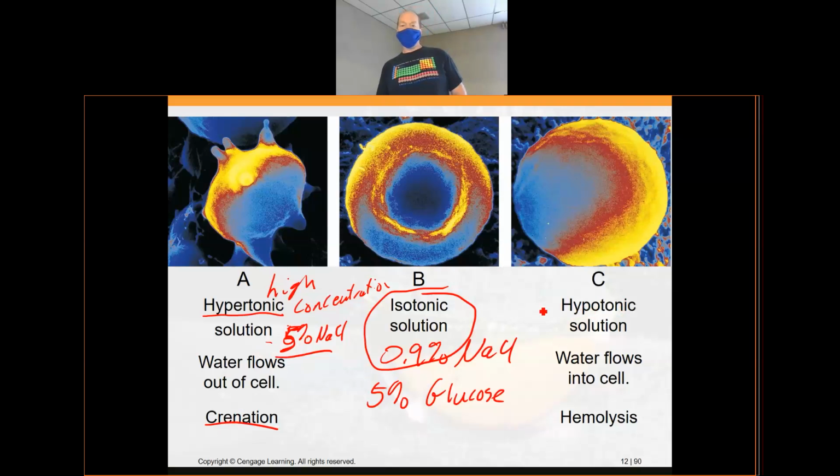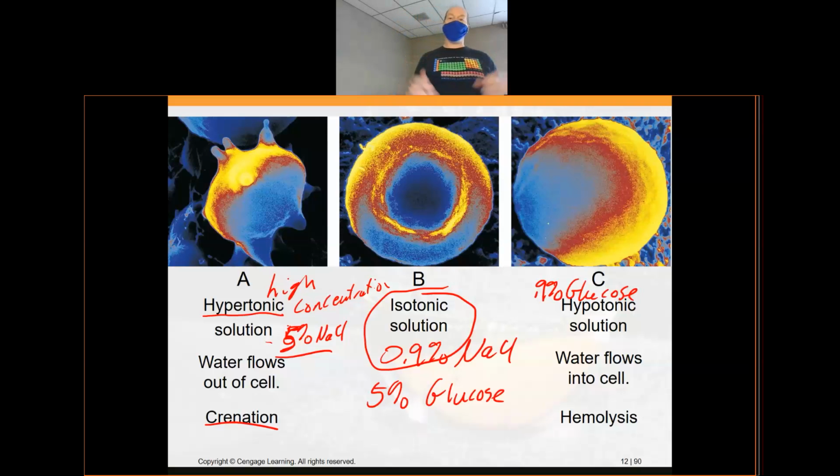Now, if instead of thinking everything was 5%, you thought everything was 0.9%, and you made a 0.9% glucose, now you have way too much water. Now your cell has a higher concentration, so the water is going to go into the cell through its semi-permeable membrane, and it's going to fill up because water goes in by osmosis.